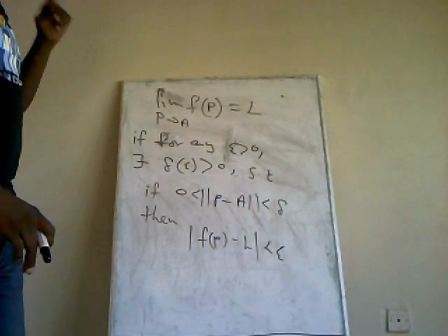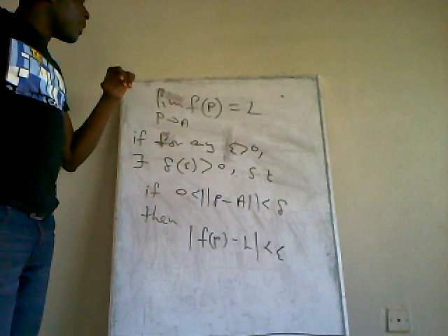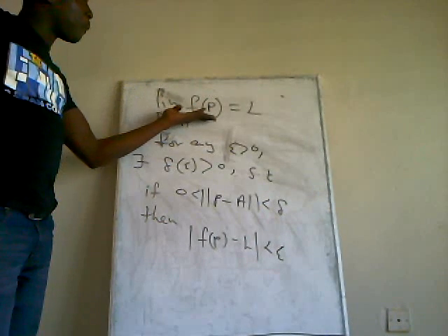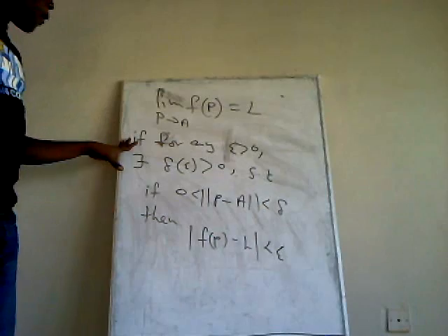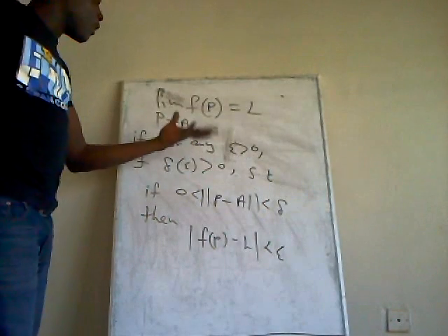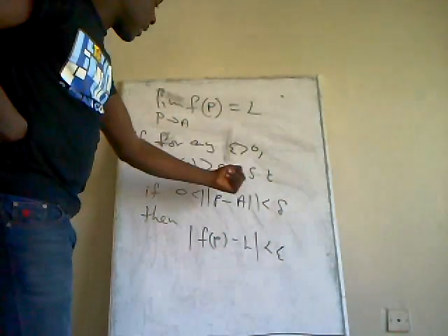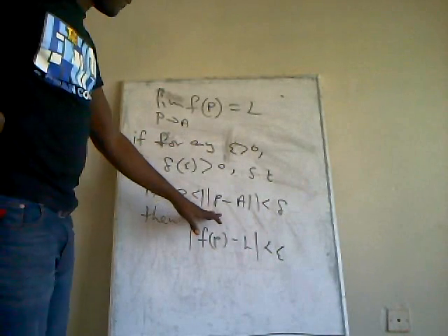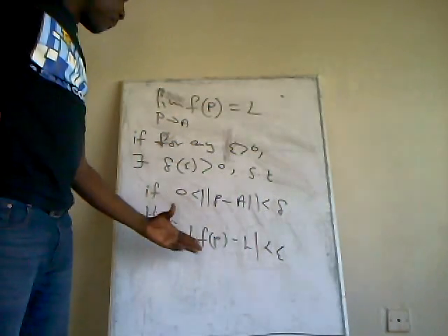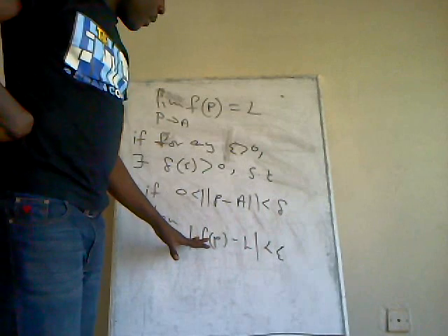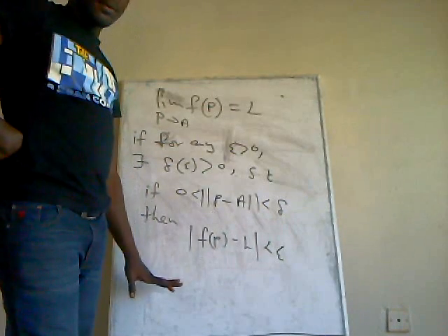The limit as P approaches A of f of P is equal to L if and only if for any epsilon greater than 0, however small, there exists a delta of epsilon also greater than 0, such that if the distance between the points P and A is between 0 and delta, then the absolute value of f of P minus L is less than epsilon.